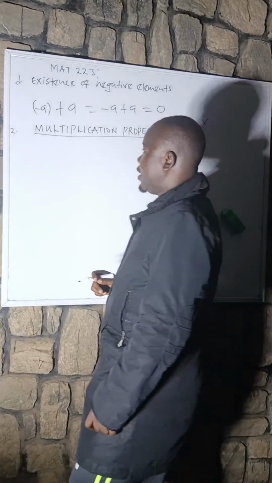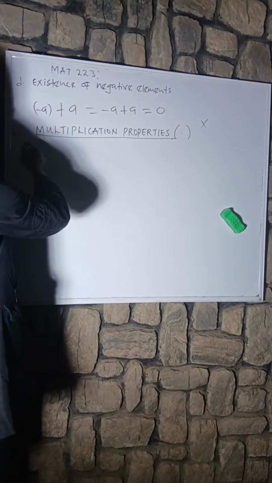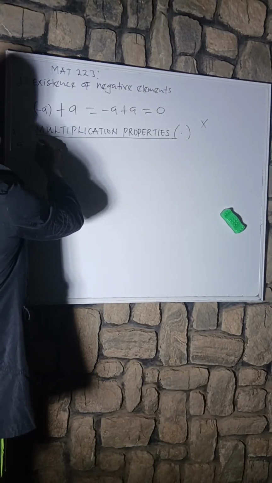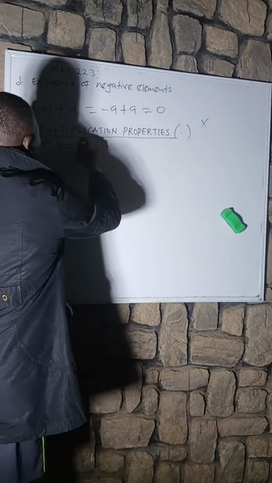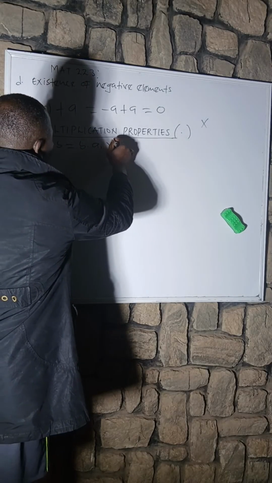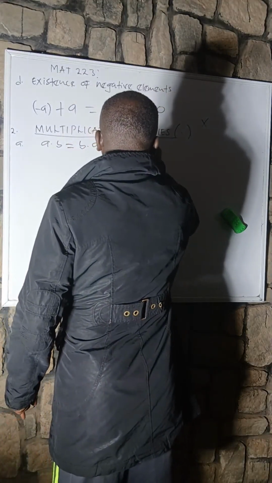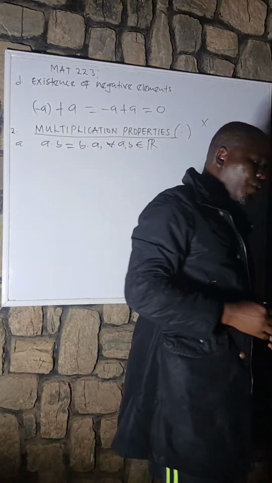Is that clear? In multiplication properties, 1 states that if we have A multiply B, this is the same thing as B multiply A for all A, B contained in the real numbers. True or false?